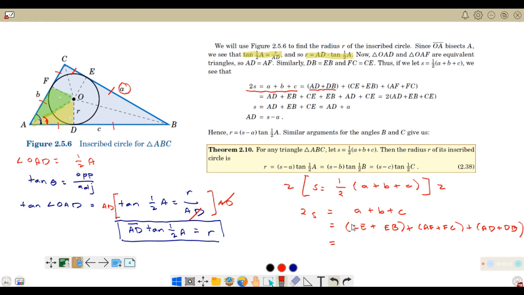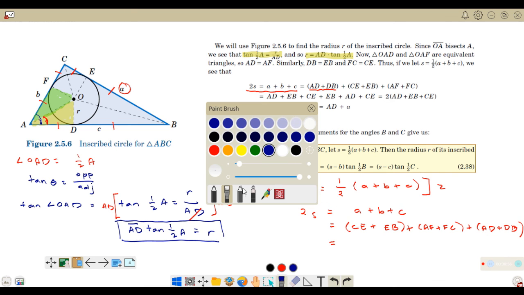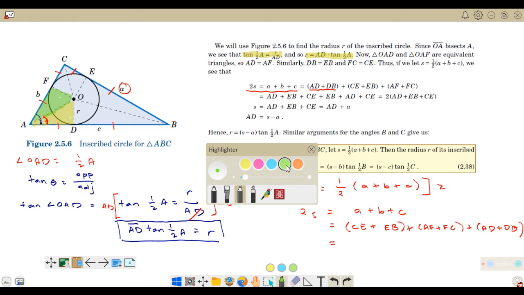Saan to galing? Di ba meron tayong mga property that AD is equal to AF? Right? AD is equal to AF. So, I-highlight natin yung mga pare-parehas ng measurement.